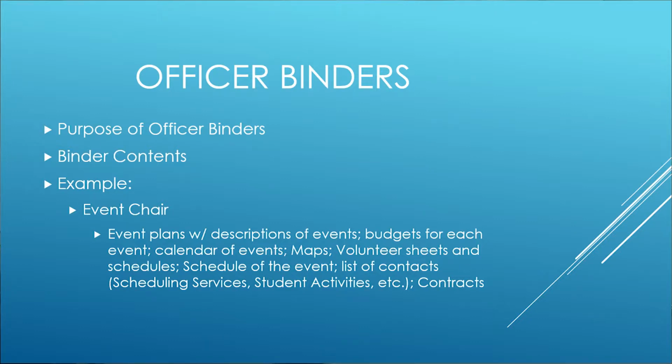Also include a record of activities from the previous term, whether that be meeting minutes or your event meetings, especially for the event chair, and any forms, checking account forms, all of that you were given as president that was either handed down to you or that you came into possession of during your term, so you can pass it down along the way.